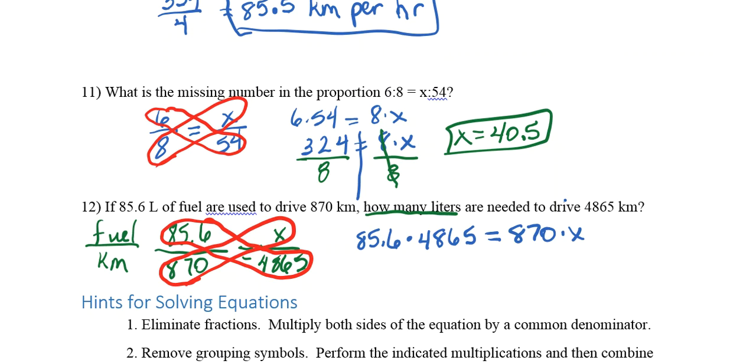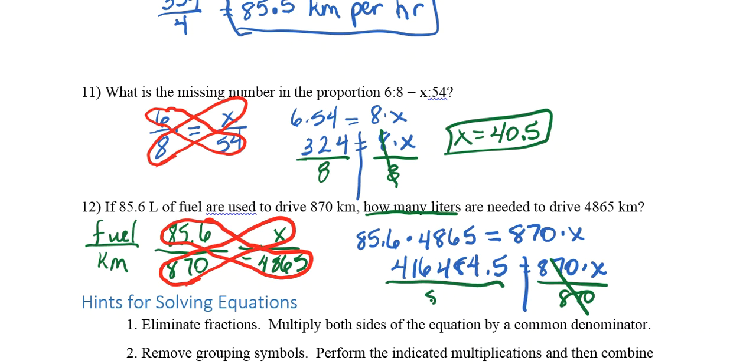So 85.6 times 4,865 is a nice big number, 416,484.5. Now I'm multiplying, so since I want to get x by itself and this is multiplying, I'm going to divide. If I divide on the right, I have to divide on the left.